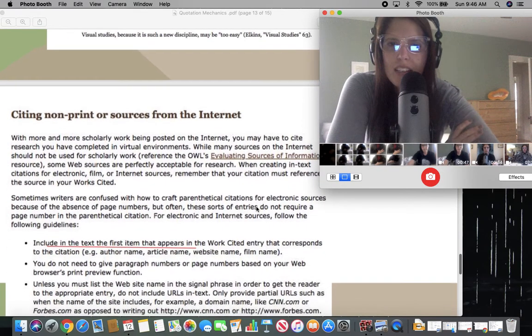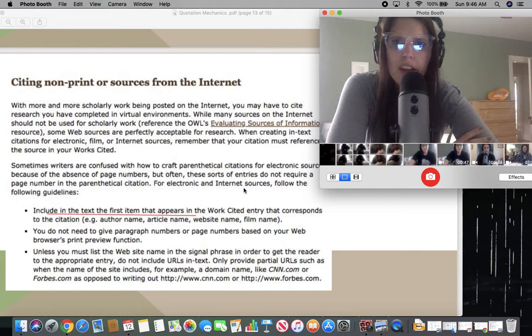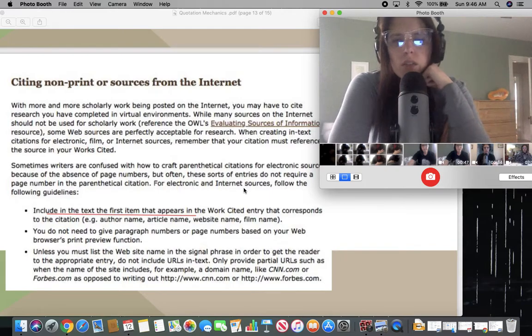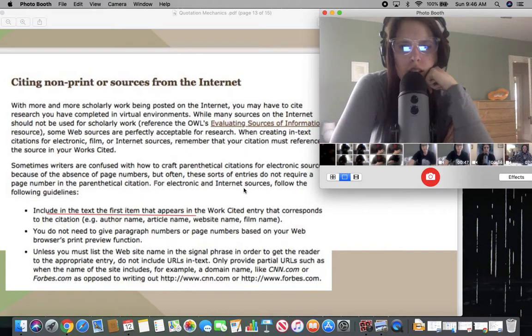Now, how exciting. Big reminder, big important thing for any of your non-print internet sources, which we're all working with. Basically, the rule of thumb is to just include the first thing that's in the works cited page. Okay, the first thing that's in the citation on the works cited page is what goes in that parenthetical citation.